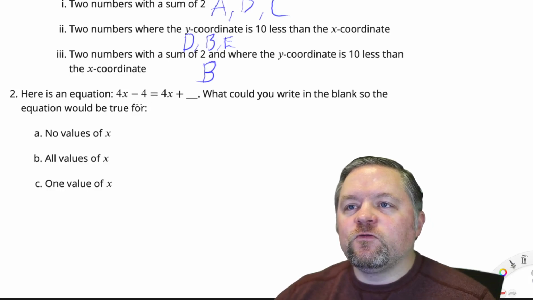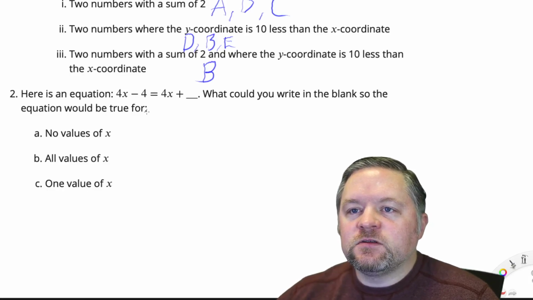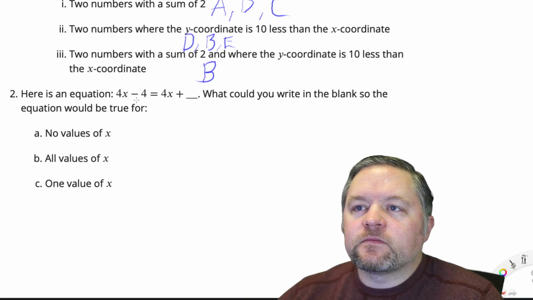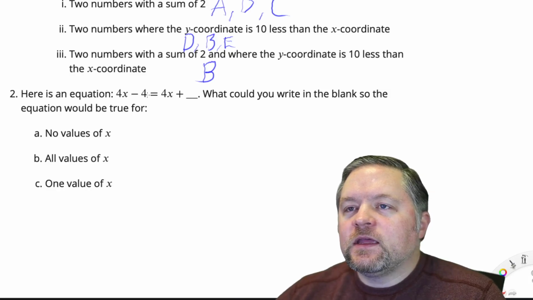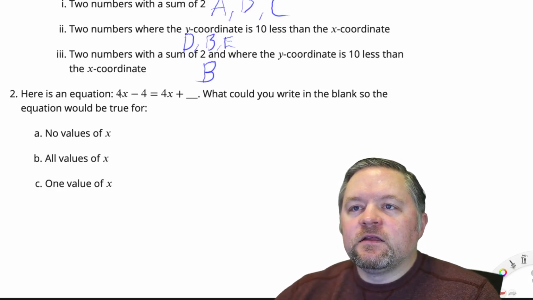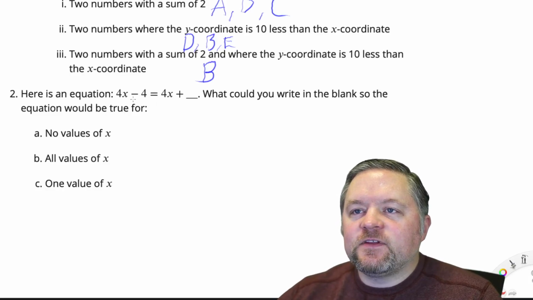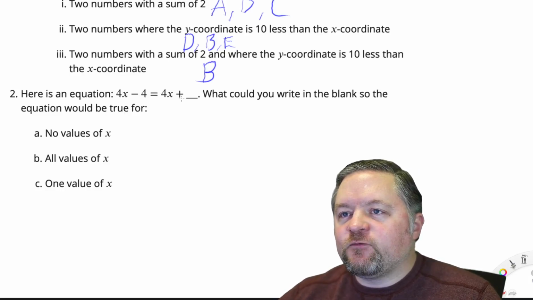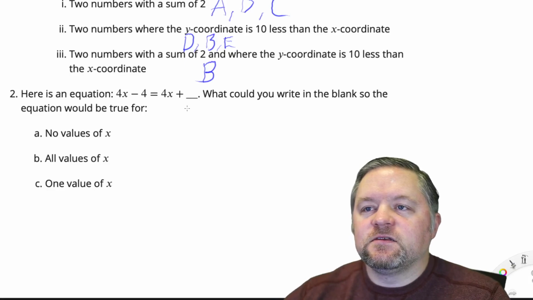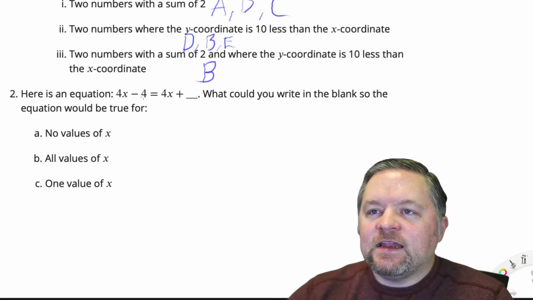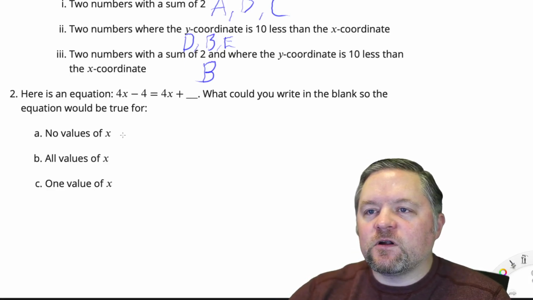For it to be true for no values, in that blank, the left side and right side have to have the same number of x's but a different number of constants. So what could be in there? Anything that is not negative 4. So let's just say 7.